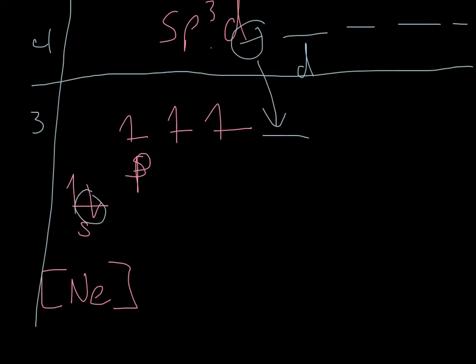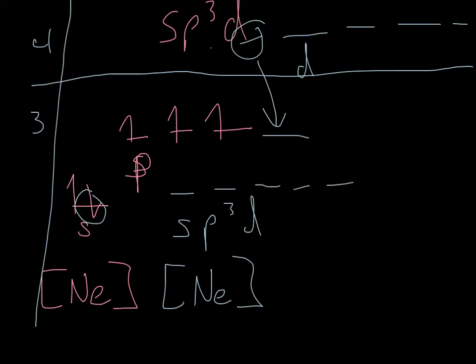This gives us 5 spots. So then our new configuration will be neon, and then sp3d: 1, 2, 3, 4, 5, 1, 2, 3, 4, 5. And so that's why phosphorus makes 5 bonds.